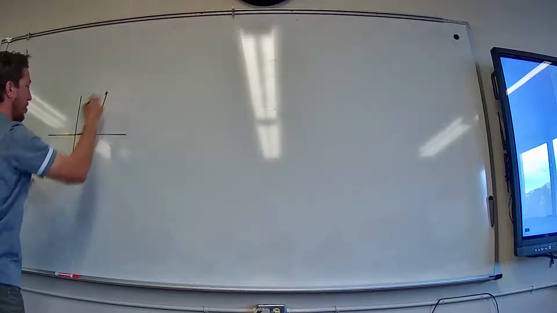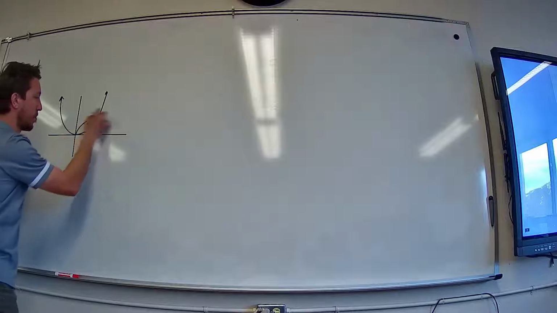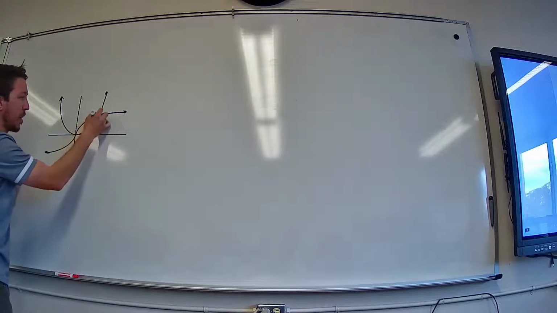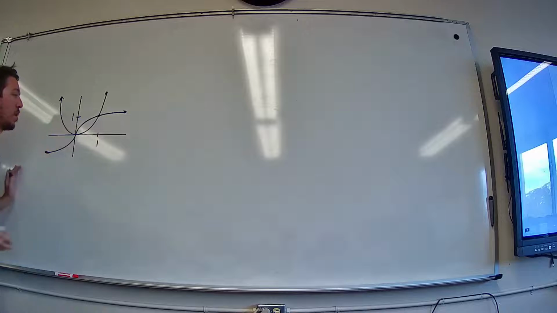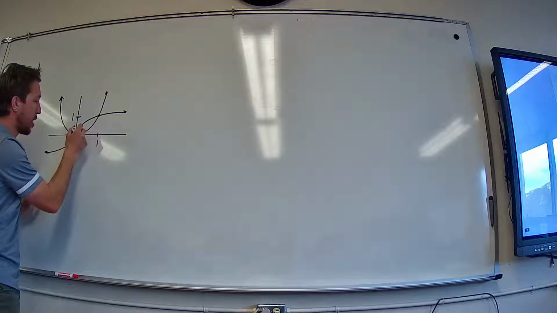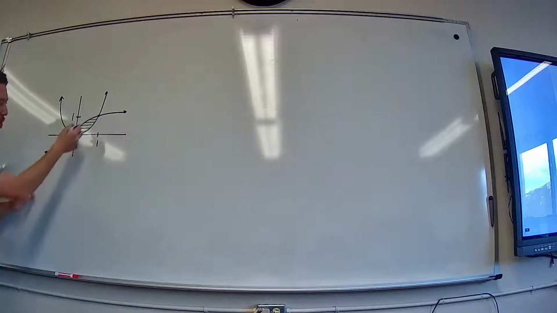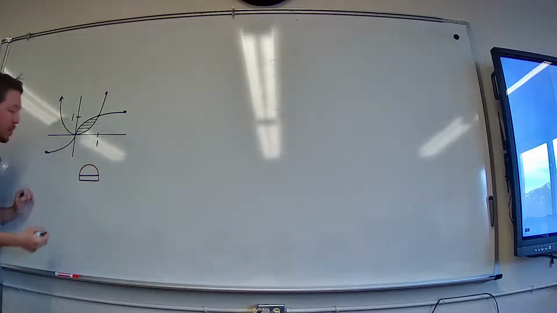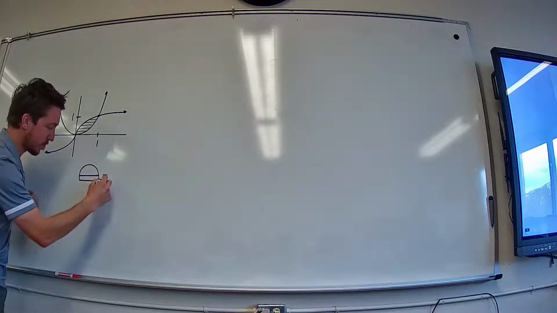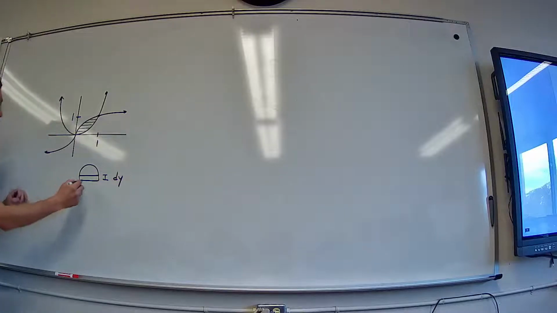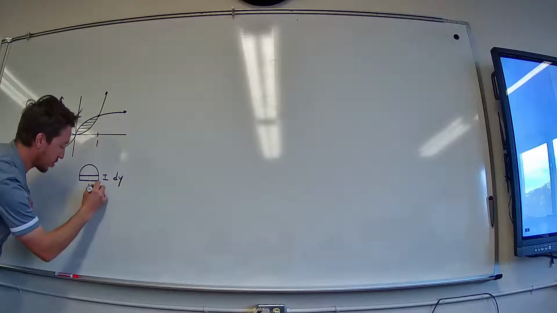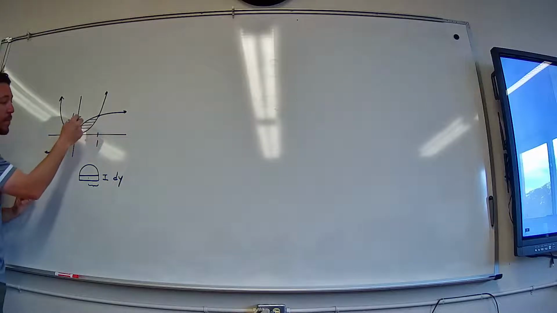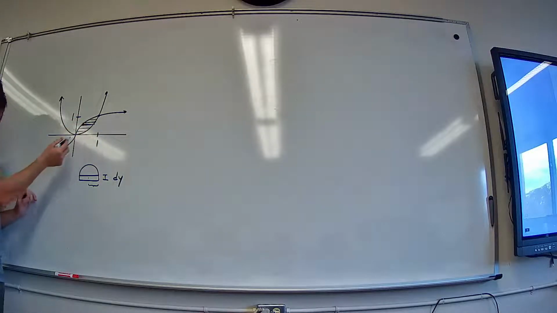Here's y equals x squared, and then there's the cube root function. Again, they cross at 1, 1. The cross sections are semicircles perpendicular to the y-axis. So draw one of the slices. Thickness, dy. Radius. Be careful with the radius. It's half of this span here.